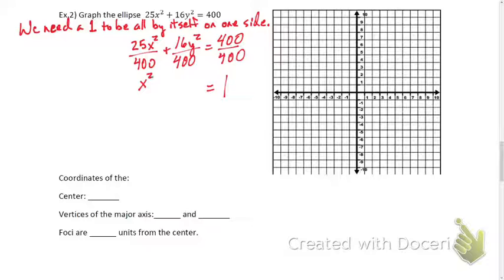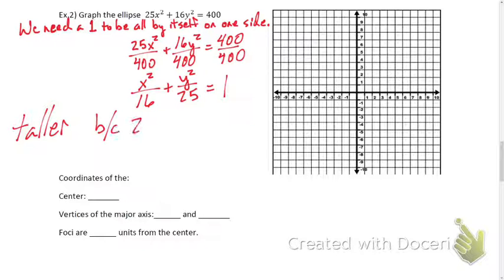There are 16 25s in 400, and there are 25 16s in 400. 25 is larger, it's under the Y, so this is taller. Because 25 is under Y squared.